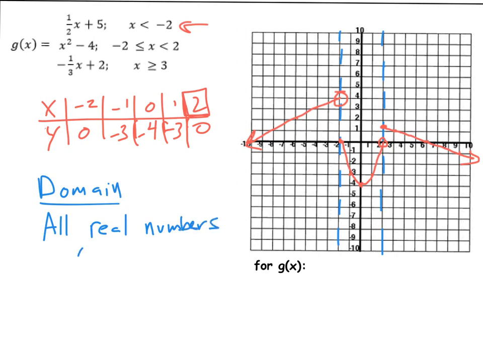I should have added this to the other one. You should know that if you want to say that, it means the same thing. Okay, better yet, here's the way you should write it. Because if I'm talking about the domain, I do want to reference that I'm talking about x values. So we'll go with interval notation, you could say that, right? It doesn't matter.